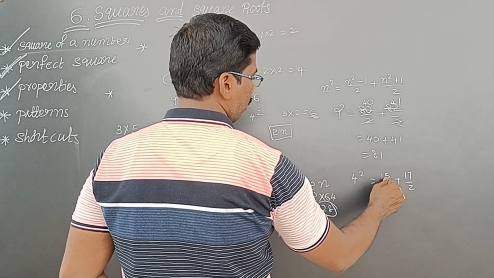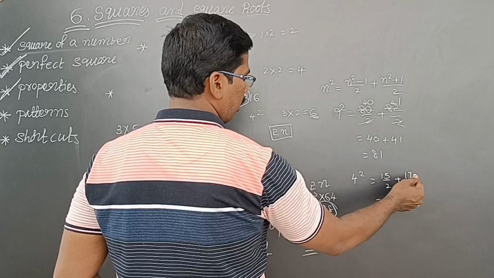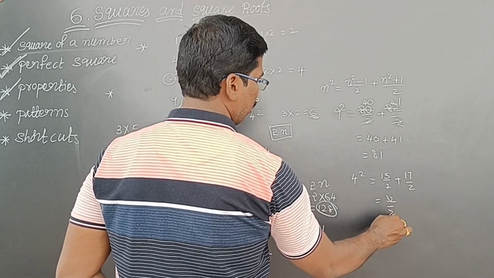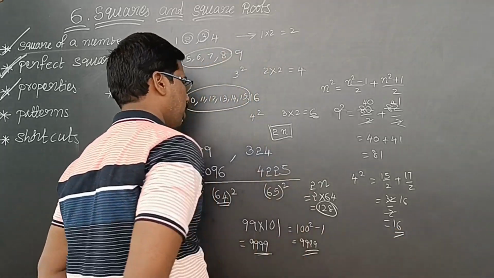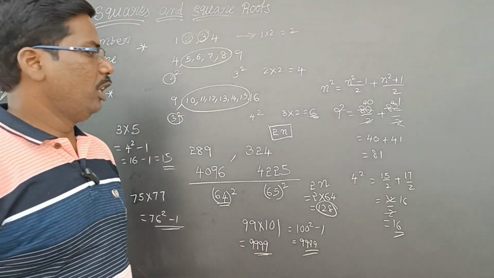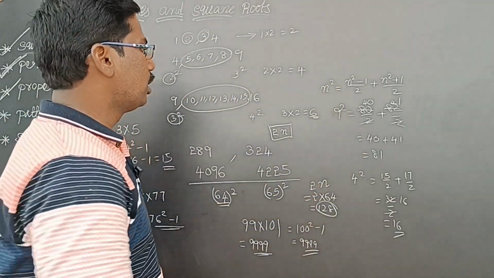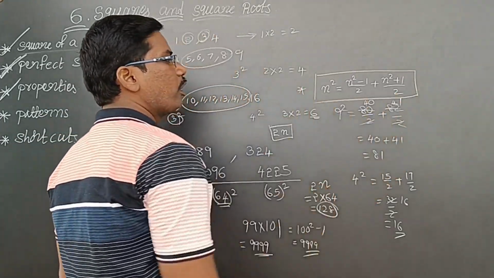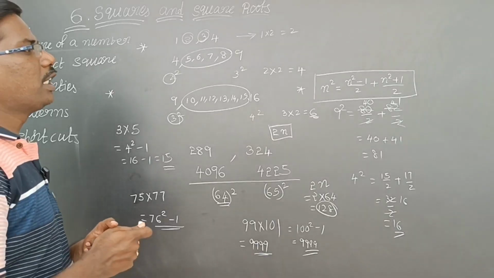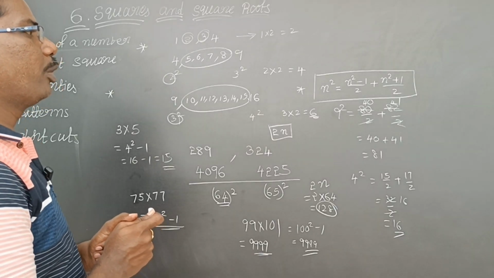So 15 plus 17 is 32, 32 by 2, that is 16. So you take any number. This is one more property: n square minus 1 by 2 plus n square plus 1 by 2.